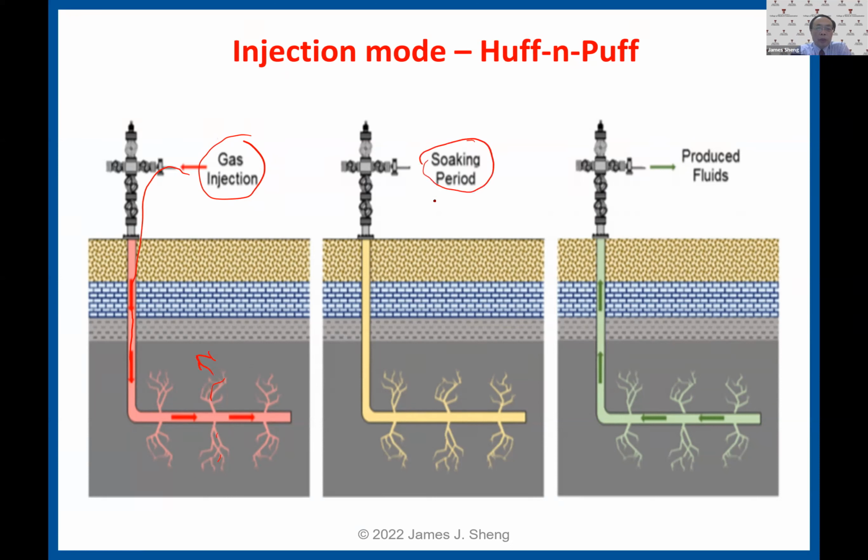It's called shutting in the well, to let the CO2 soak so that it has time to contact and mix with the oil. Later on we reduce the pressure, and then the oil and the CO2 are produced to the surface.